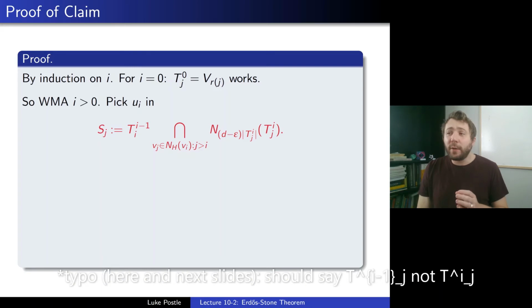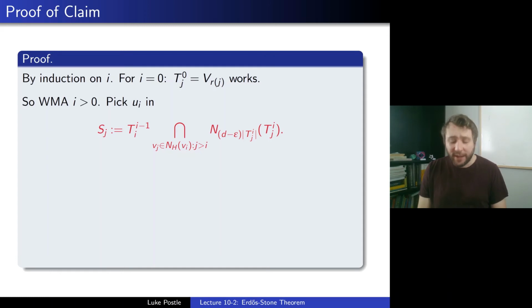We're going to have to shrink those target sets by whether I'm a neighbor to those vertices. We have to ensure that the vertex we choose is in their neighborhood. So you want to ensure there's lots of choice for them. And to do that, you just make sure you only pick a target which has at least d minus epsilon times Tij neighbors in every future Tij for any neighbor Vj of Vi.